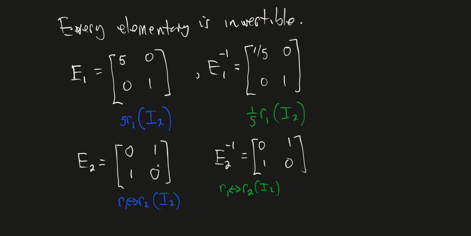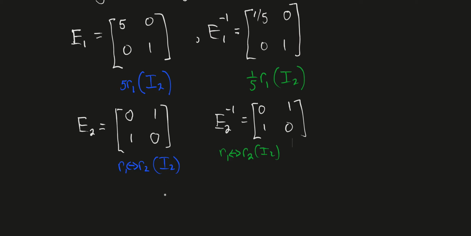And finally, row 2 times column 2 gives 1 plus 0. So again, what's really interesting is that the inverse of a row swap is the same row swap. You do it once, you move away from the identity, and if you do it twice, you go back to the identity.